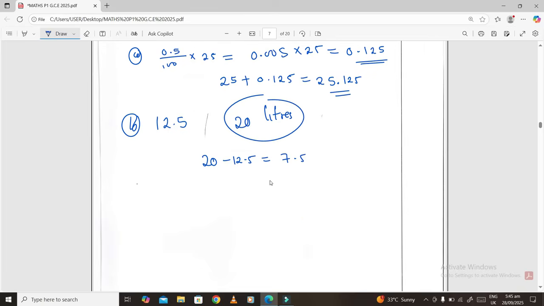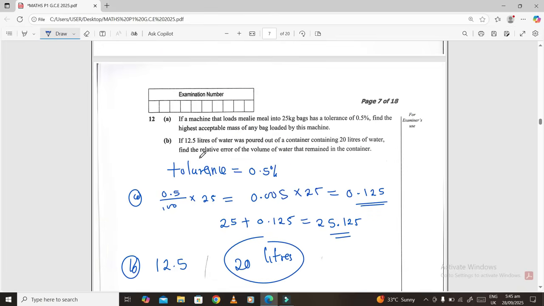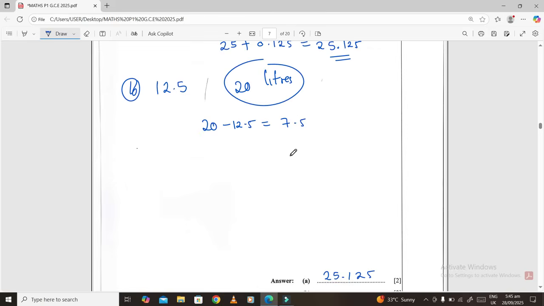So now to find the relative error, we're simply going to say RE, the relative error, is equal to absolute error over true value. So what is the absolute error here? It will be 0.05, because we've got one decimal place.